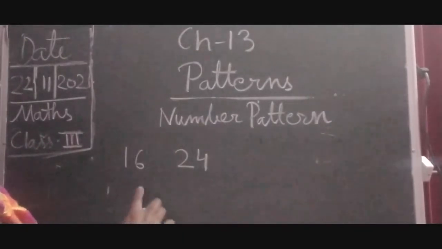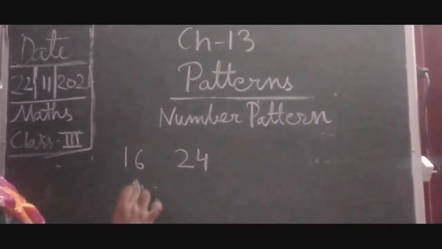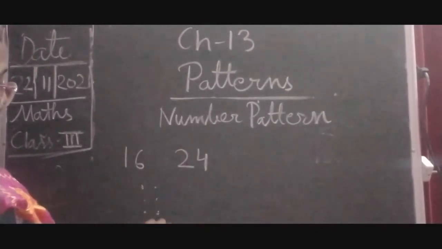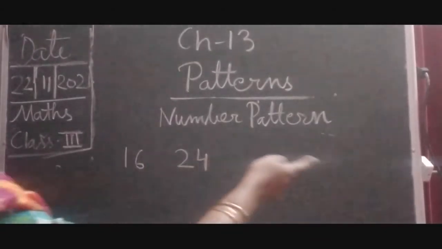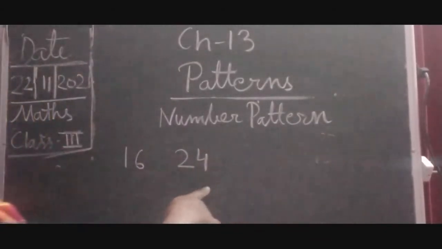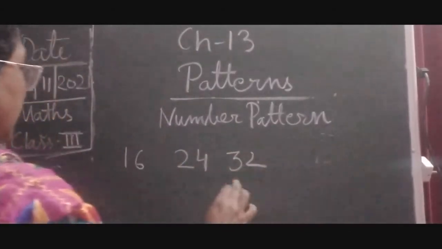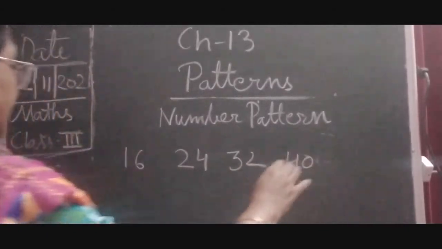So now here children, at least you must have seen how many differences are there. 1, 2, 3, 4, and it's 17, 18, 19, 20, 21, 22, 23, 24. It means 8 numbers. 8 numbers you have to carry on in the next one. So 24 plus 8, what will you get? 32. Okay.